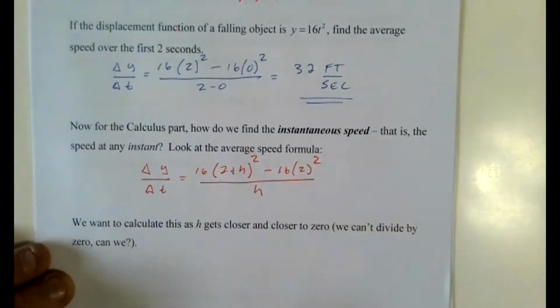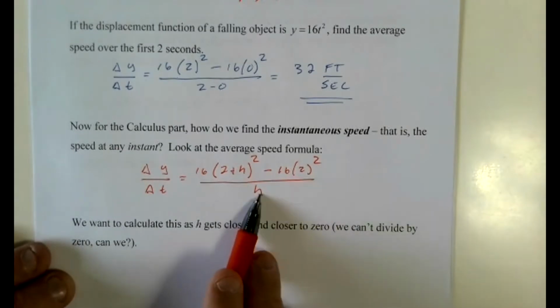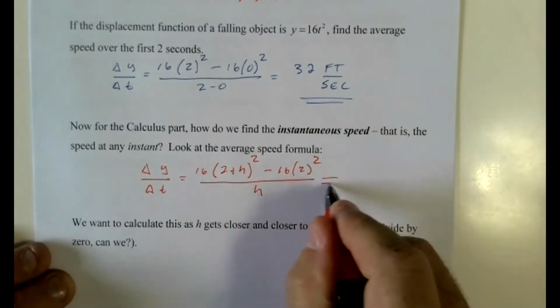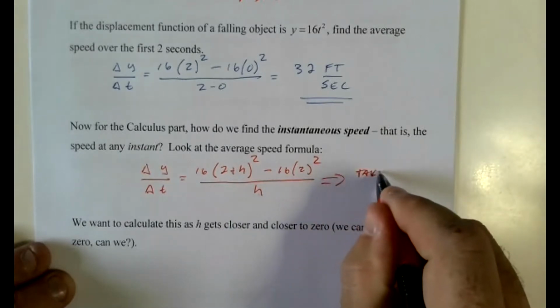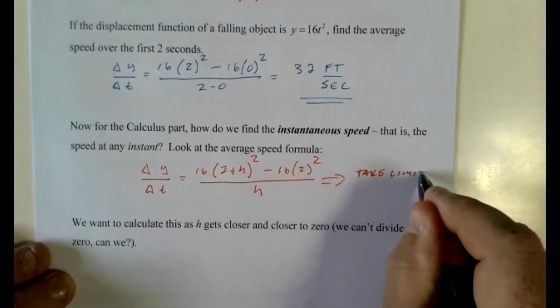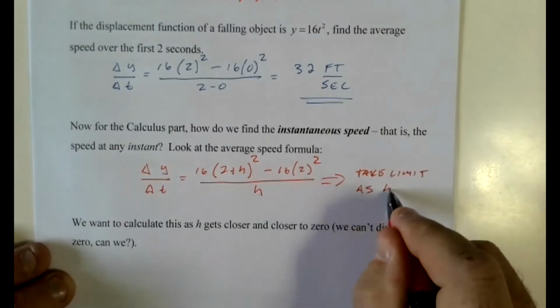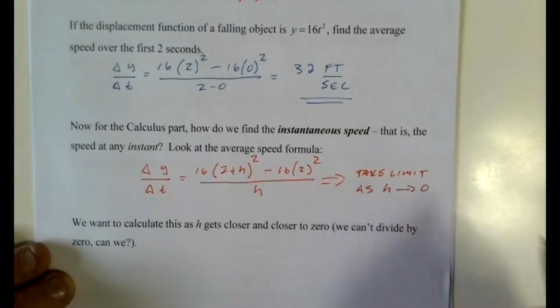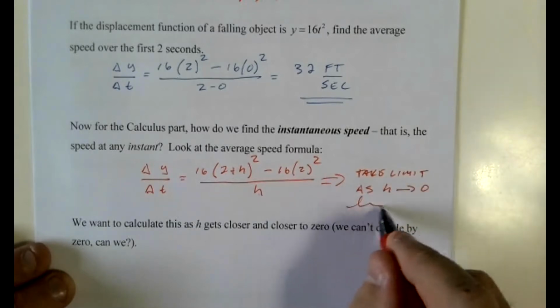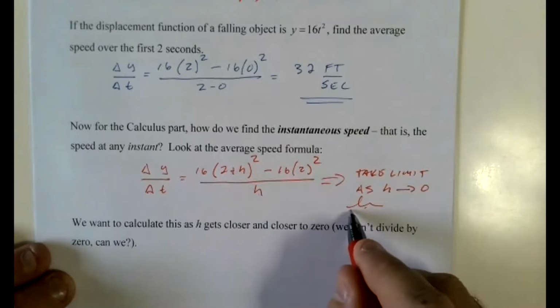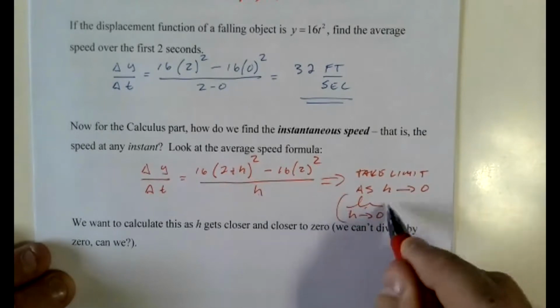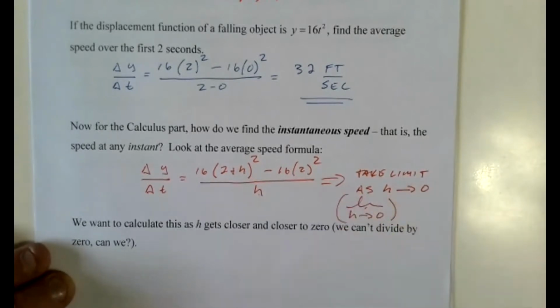We want to calculate this as h gets closer and closer to 0, but we can't put in a 0. Right? So we want to take the limit as h goes to 0. In other words, that's a limit, deal with it, as h goes to 0. This is what a limit looks like. This is what we're going to be doing a lot of, limits.